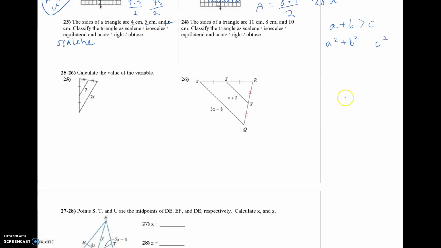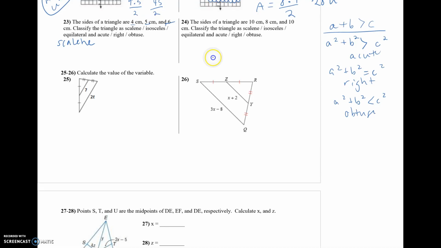When a squared plus b squared is greater than c squared, that's what makes it acute. When they are equal, that's what makes it a right triangle. And when c squared is the greatest, that's what makes it an obtuse triangle.